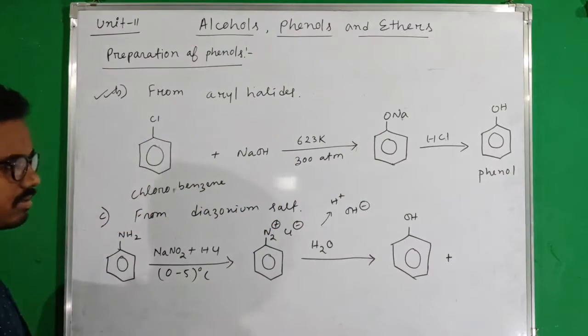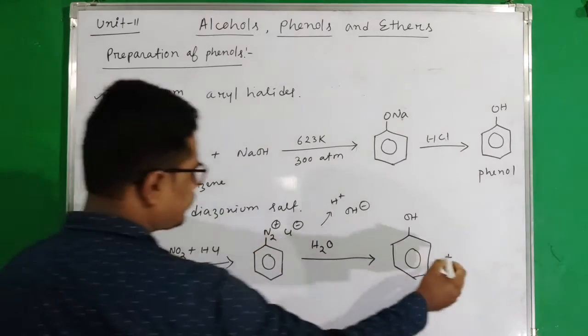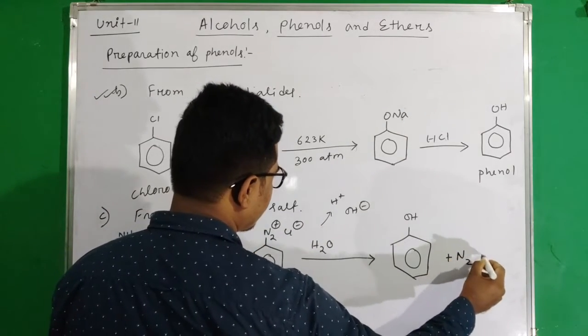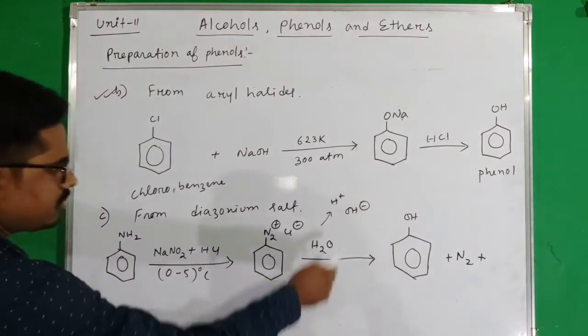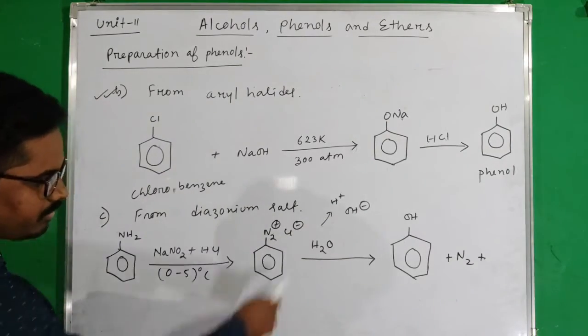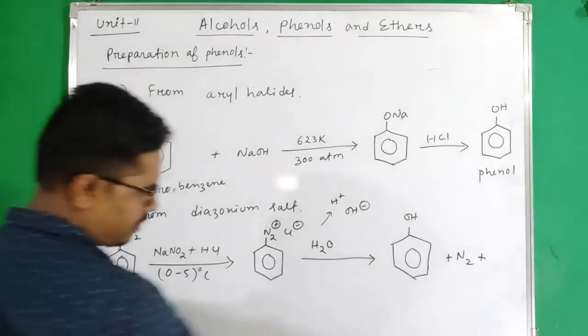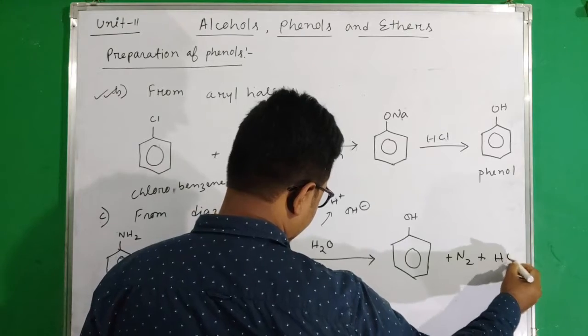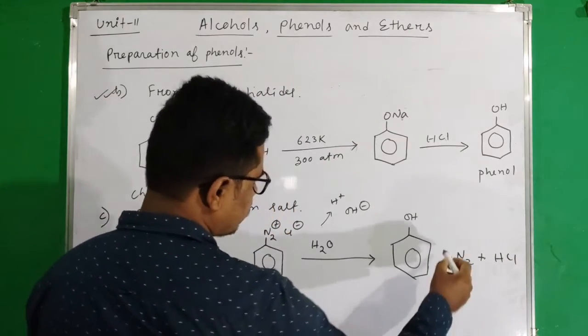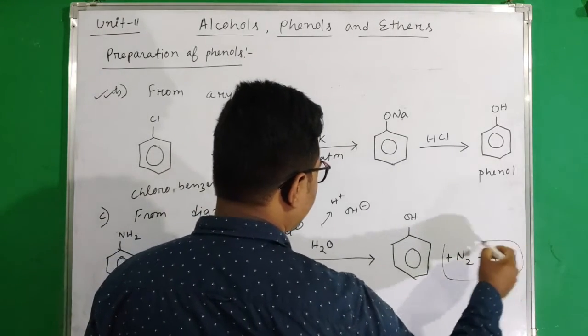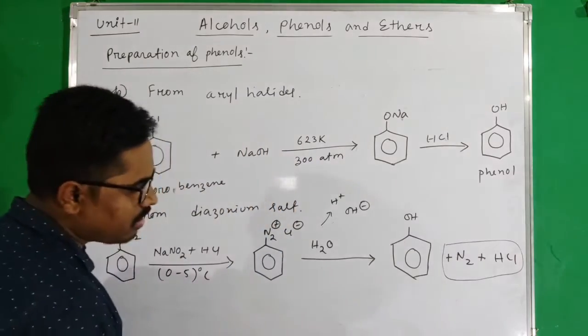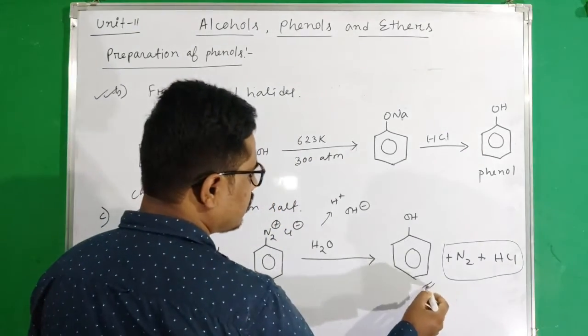The side products are nitrogen gas, and then this H positive will combine with Cl negative to form HCl. But in organic chemistry, there is no need to write the side products because only the main product is necessary.